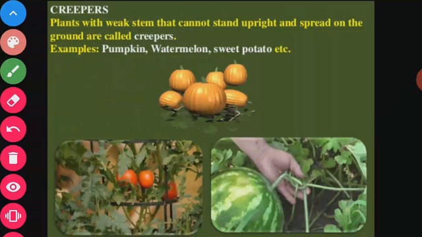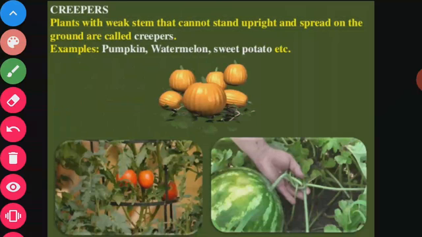Now we know that based on the characteristics of the plant, the size, the nature of the stem, and the shape of the plant, we can divide plants into the following categories: herbs, shrubs, trees, creepers and climbers.